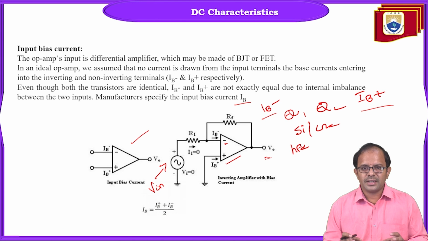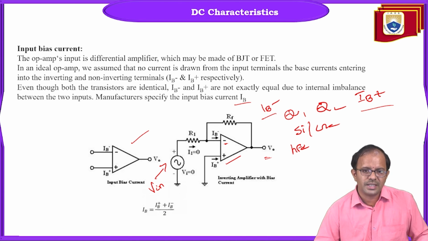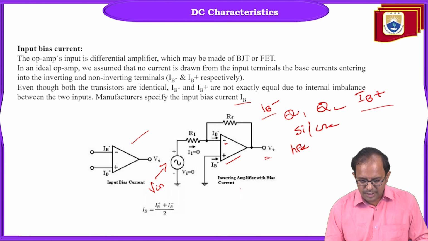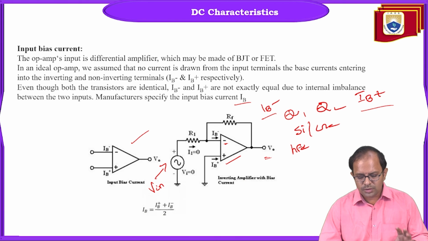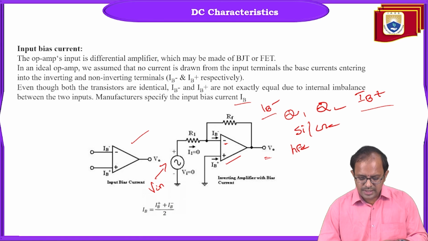This is the statement that is there in the design concept of the operational amplifier. So this is our basic circuit to consider or to discuss the input bias currents present in the operational amplifier. With respect to this circuit, we will explore further.